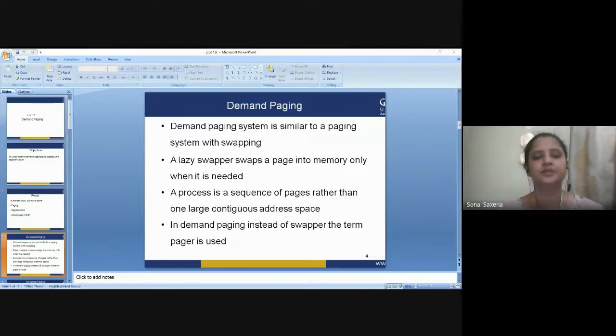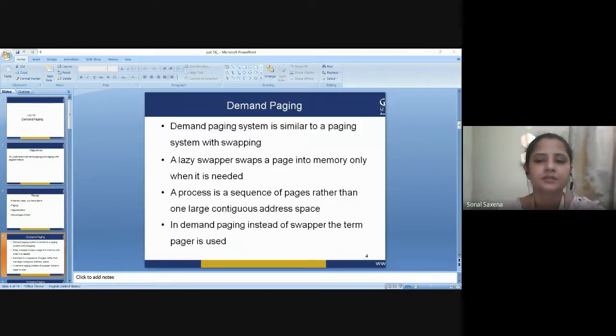So here, if you see, demand paging, as opposed to anticipatory paging, is a method of virtual memory management. Virtual memory, we have seen, is kind of logical memory, right?